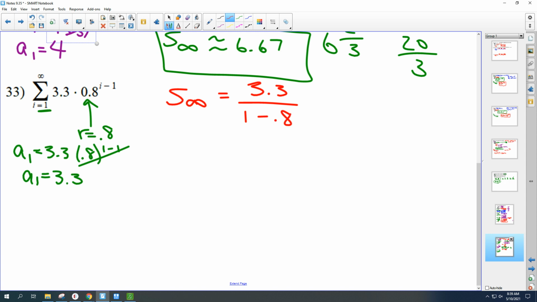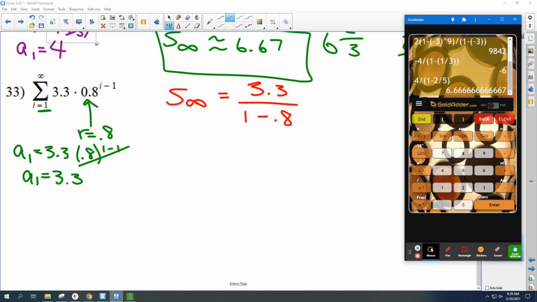If you want to do that in your head, 1 minus 0.8 is 0.2. So you're taking 3.3 divided by 0.2. That's probably the easiest thing to type in. But of course, you could also divide by 1 minus 0.8, assuming you put it in parentheses. Okay? One thing you don't want to do, check it out, if I don't use parentheses, 3.3 divided by 1 minus 0.8, that gives me the wrong answer.